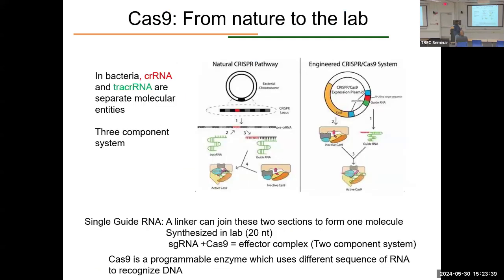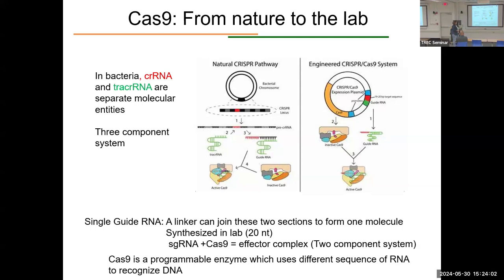So now, summing up the journey of CRISPR-Cas from nature to the lab. In nature, CRISPR-Cas is a three-component system. Bacteria need CRISPR RNA, tracrRNA, and along with Cas9 to cleave the particular DNA.